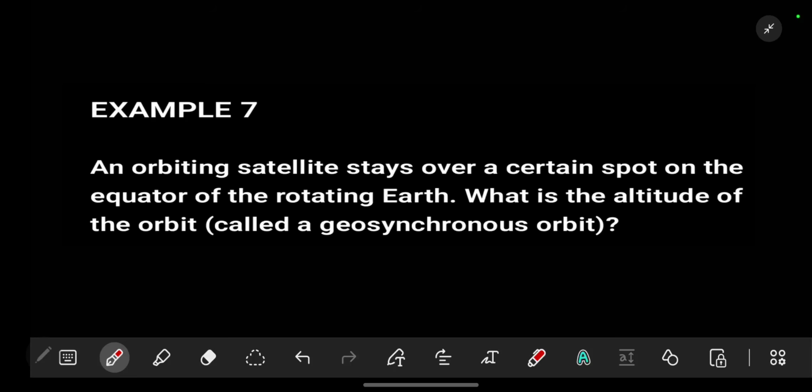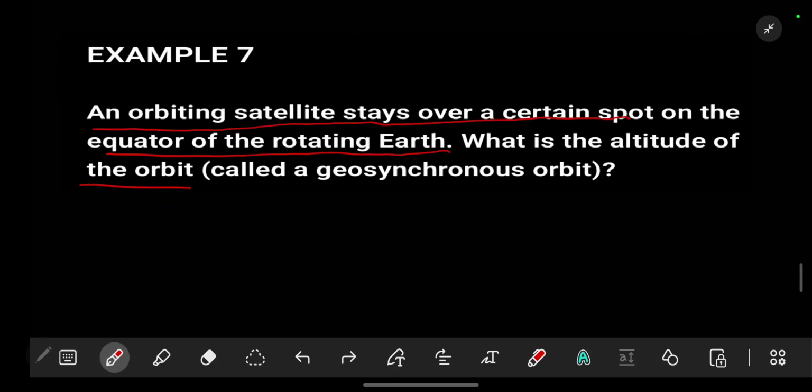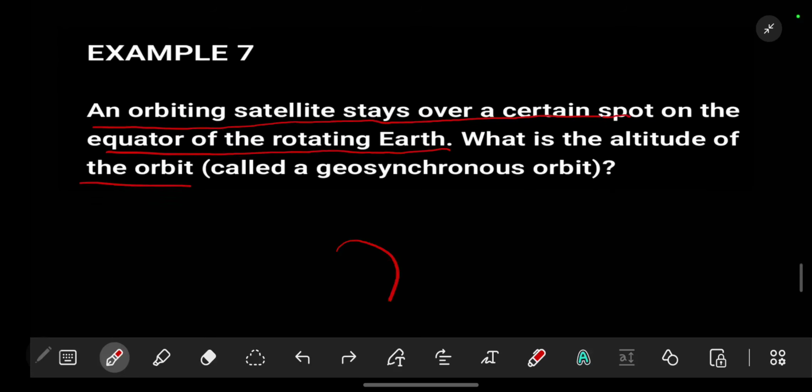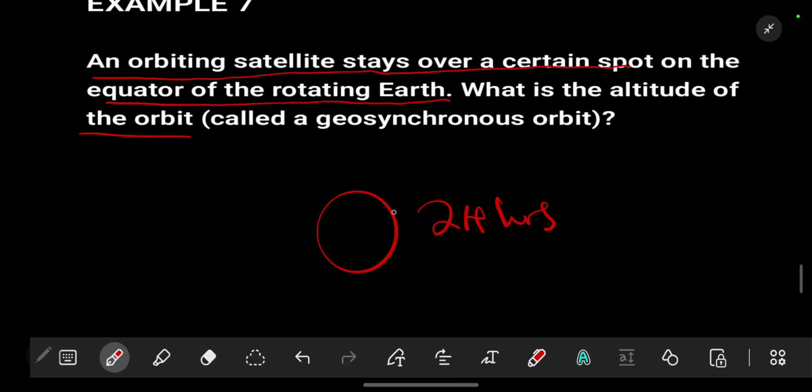So let's say we have an orbiting satellite that stays over a certain spot on the equator of the rotating Earth. What is the altitude of the orbit? This is called the geosynchronous orbit. Geosynchronous simply means that we know the Earth rotates for 24 hours.